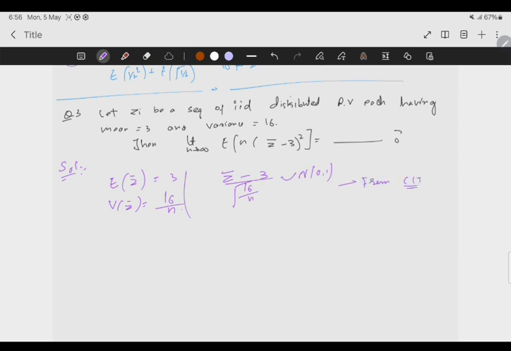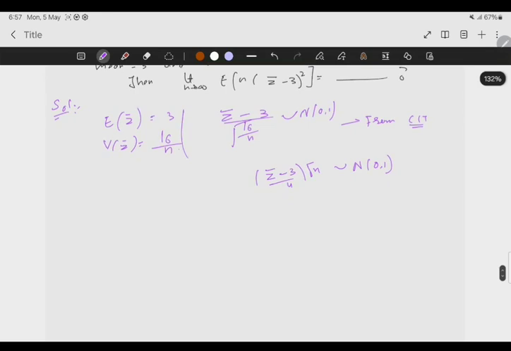Clear? From central limit theorem, Z bar minus 3 divided by 4, and here multiply with root n, will follow normal 0, 1. Now can I square this whole term, and this will become Z bar minus 3 divided by 4 square into n will follow chi square 1.